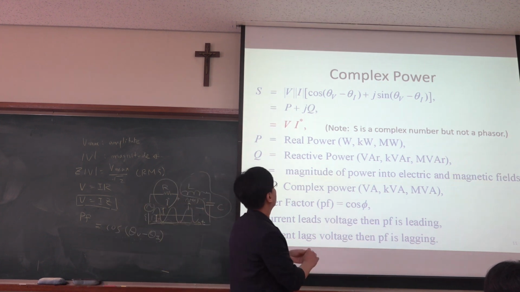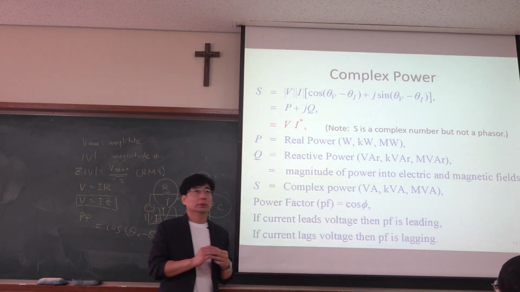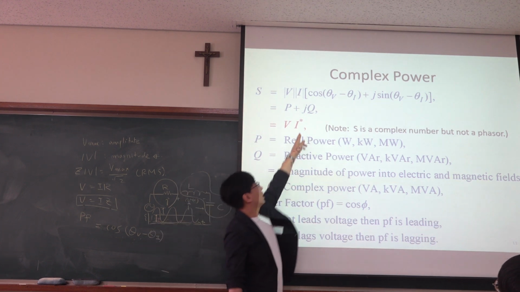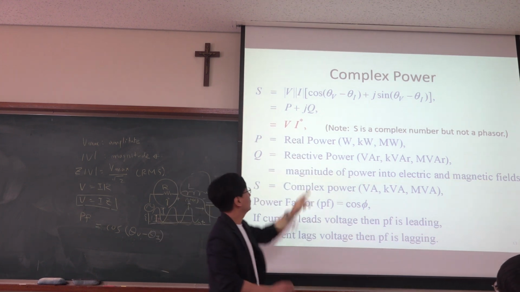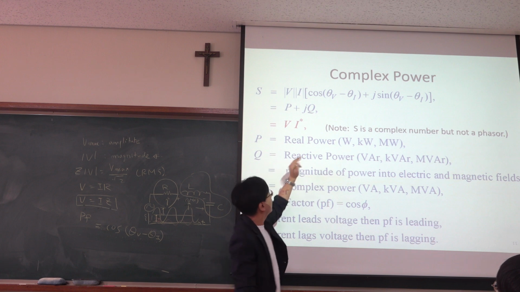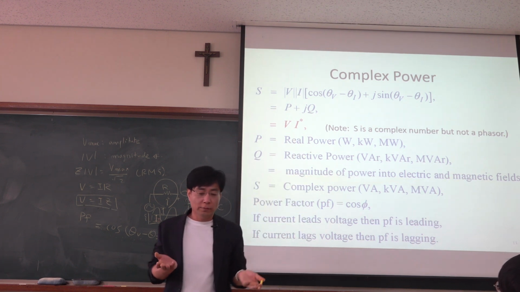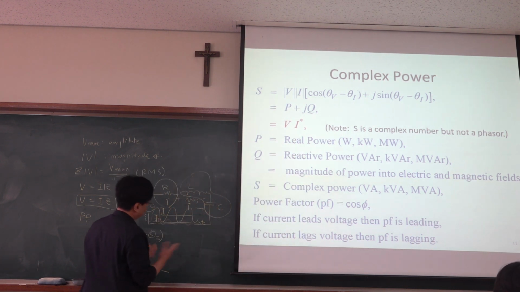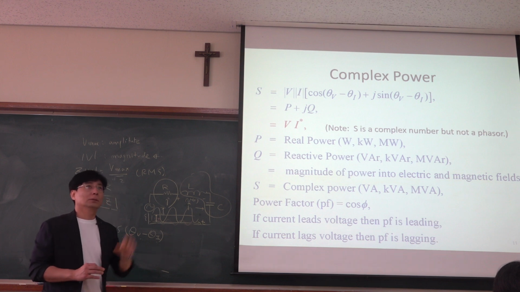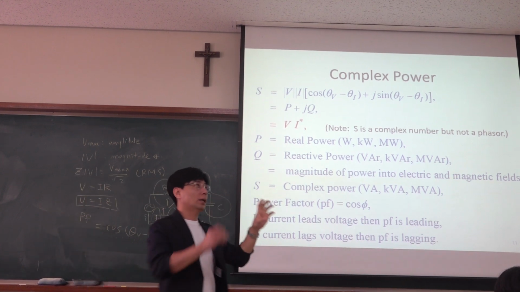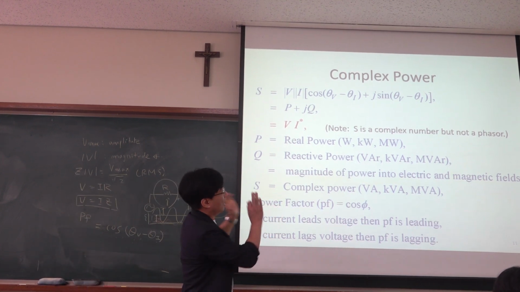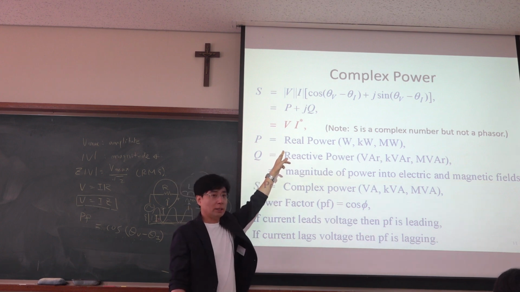Maybe you are curious, why do we want to put the conjugate there? I know the phasor of voltage, I know the phasor of current, then why not V times I? Because in the case of instantaneous power, it is just V times I. But in complex power, we need to put the conjugate there.